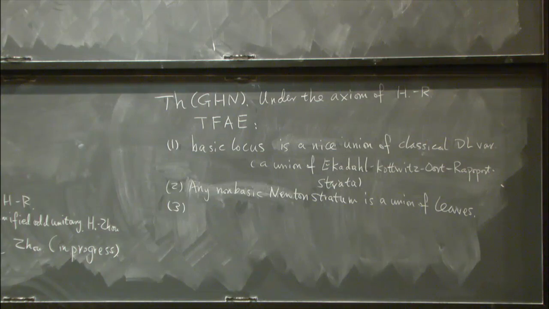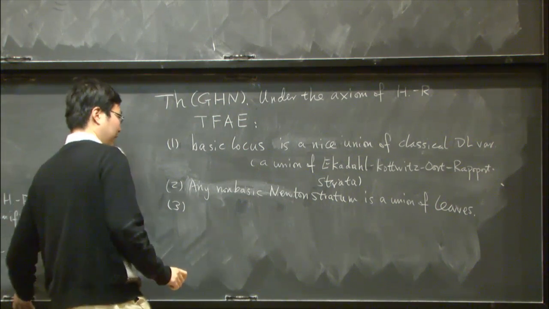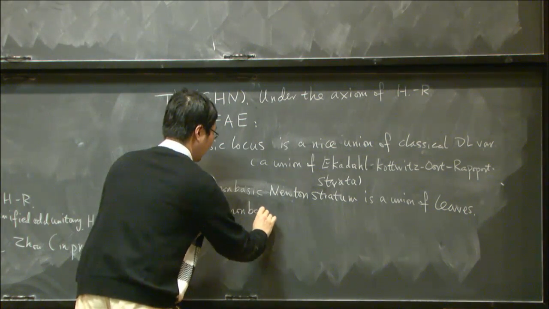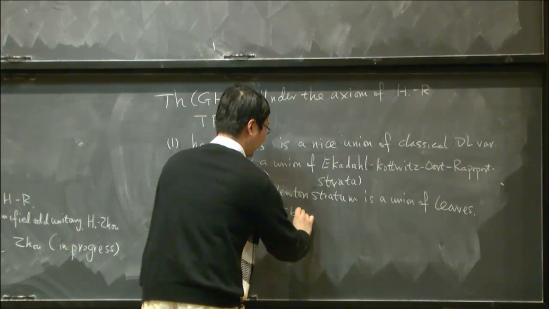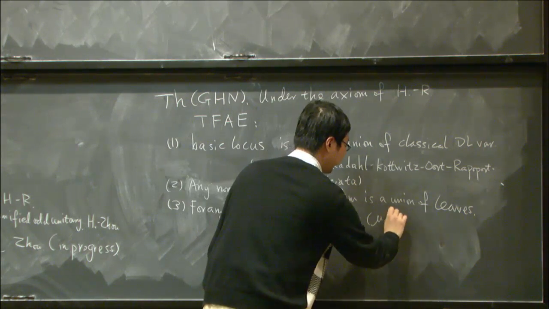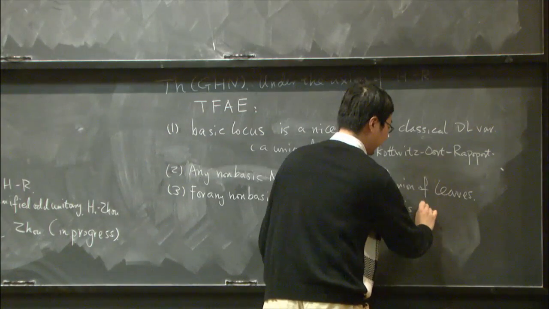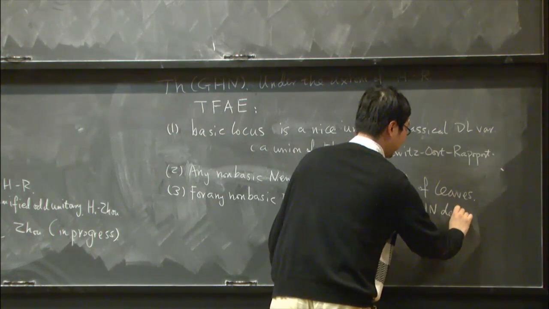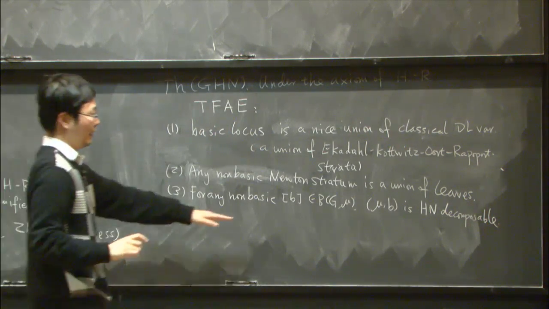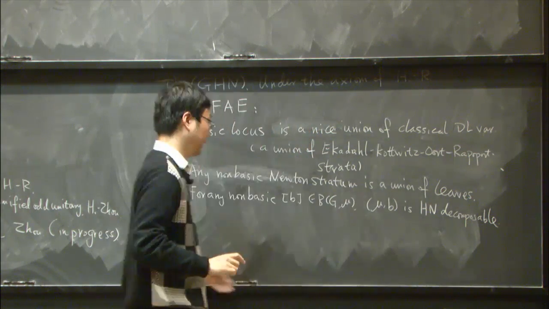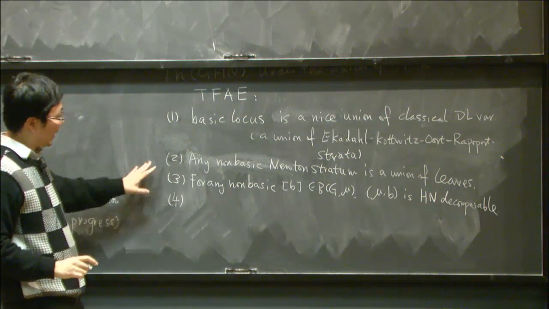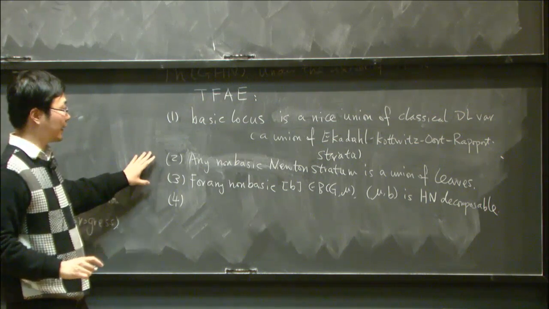And third one, I would say for any non-basic b inside this B(G, mu), if you think about the pairs mu and b, this is Hodge-Newton decomposable. I'm going to explain what I mean by this later. But let me first finish this. And the fourth condition, in fact, we can make this very explicit as conditions on this mu.